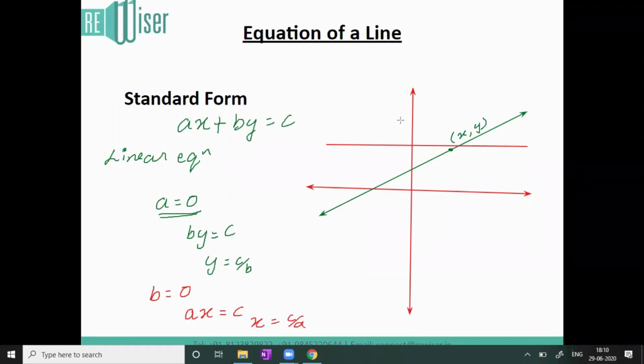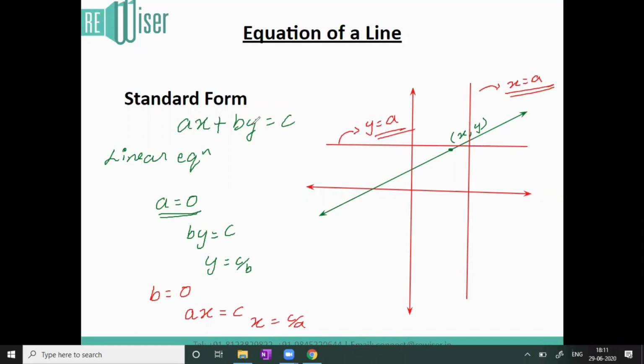Whenever x equals some constant, if you plot it on your xy plane, it will be a vertical line which is parallel to your y-axis. So y equals some constant is a horizontal line, and x equals some constant is a vertical line.